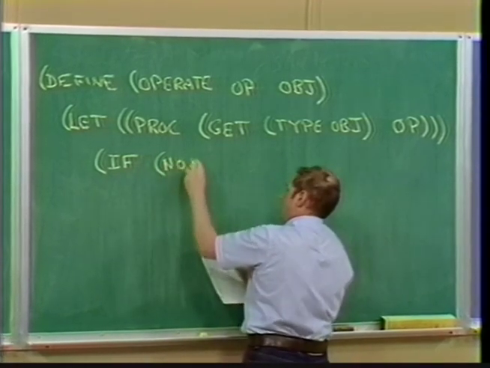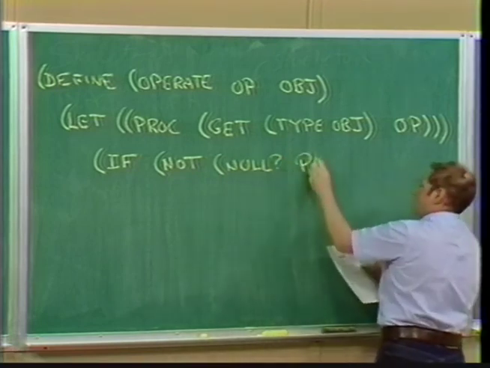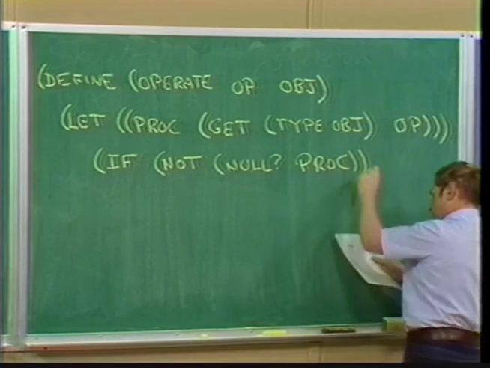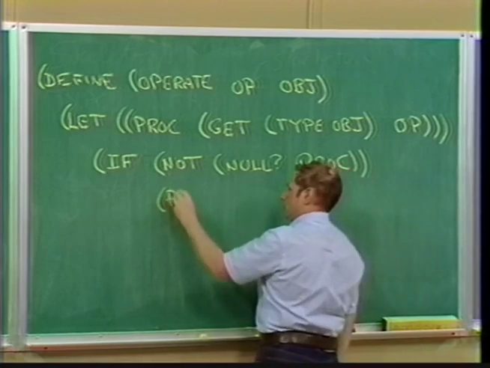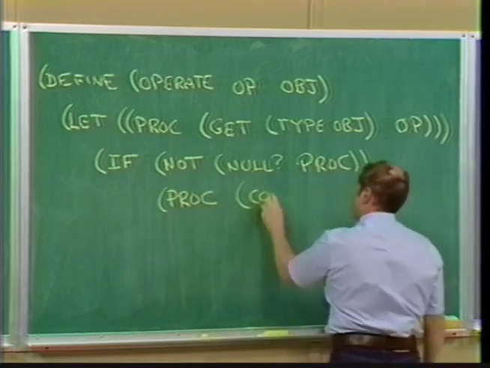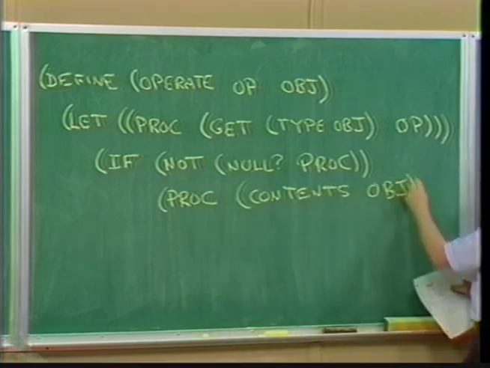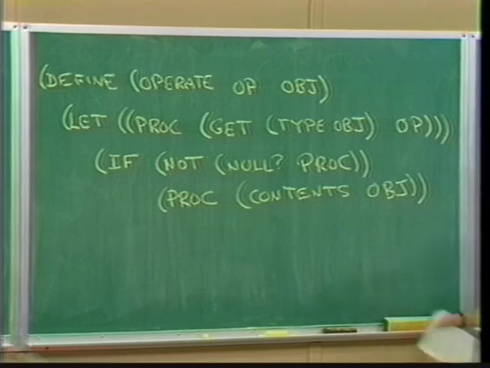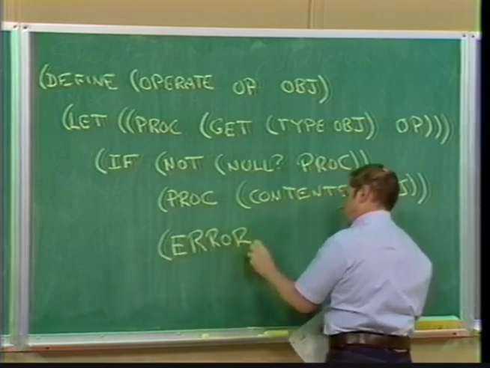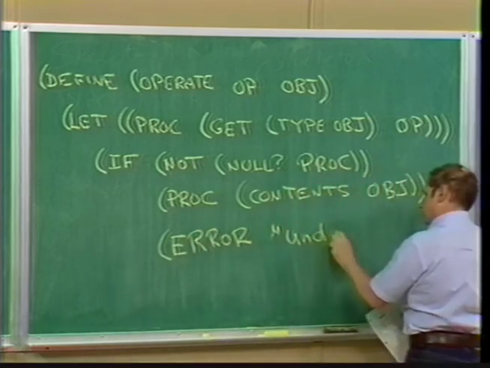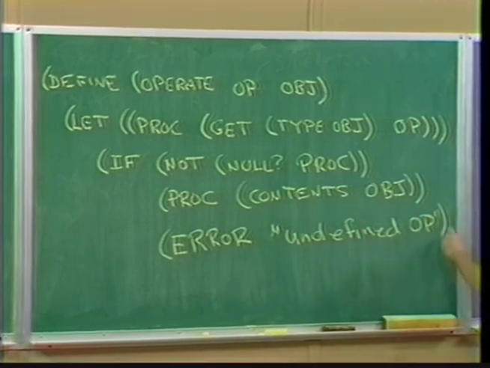So it says if there's actually something stored there, if the procedure here is not null, then it'll take the procedure that it found in the table and apply it to the contents of the object. And otherwise, if there was nothing stored there, we can decide. In this case, let's have it put out an error message saying undefined operator, or no operator for this type, or some appropriate error message.